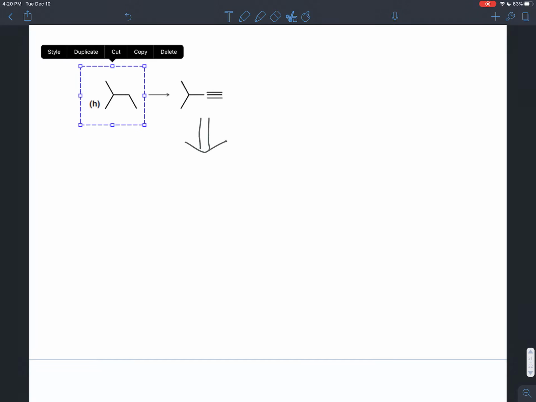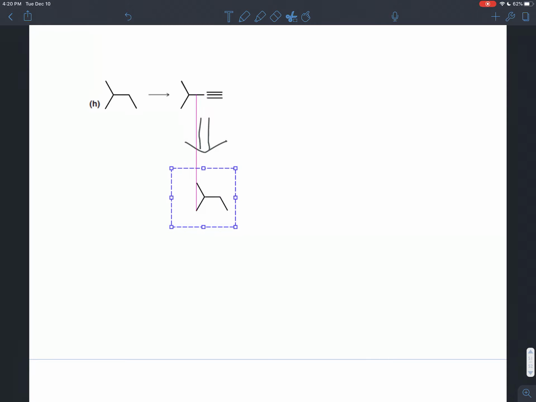So if we had an alkane with 2 halogens, and it wouldn't really matter where they are, except they would have to be on one of the 2 carbons where the triple bond is. Well, then we could create the alkyne.